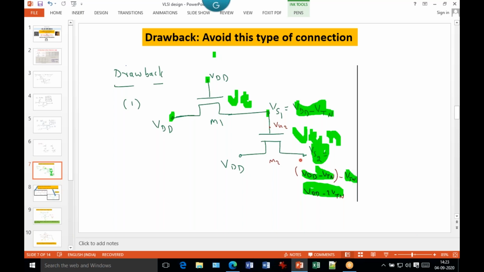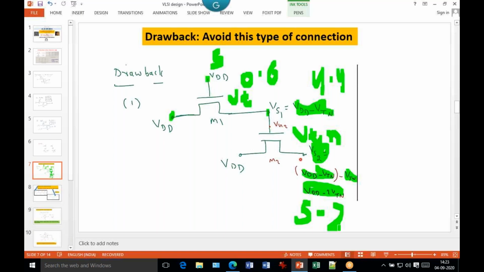If your input is 5 and VT is, suppose, 0.6, then this is 5 minus 2 times 0.6, which is 3.8. Again, it is lower. So here your output voltage is not accurately 5 volt, it is something less.